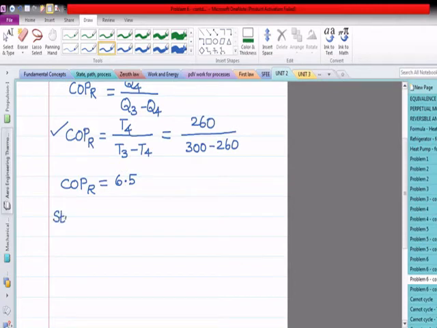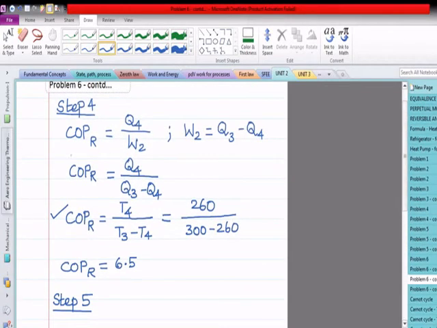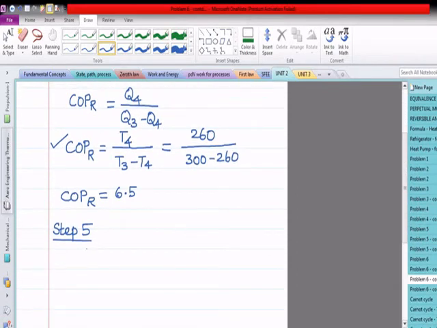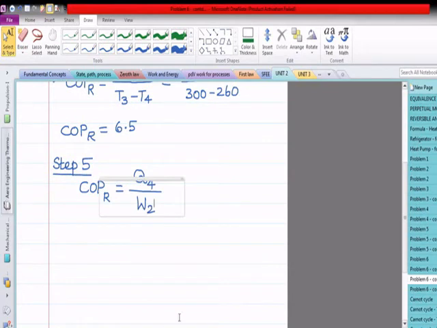In step number 5 I am going to find Q4. How am I going to find Q4? Let me use the first formula which I have written here. COP of refrigerator is equal to Q4 divided by the work input W2. Here in this formula, the value of W2 is not known. So first let us find W2.